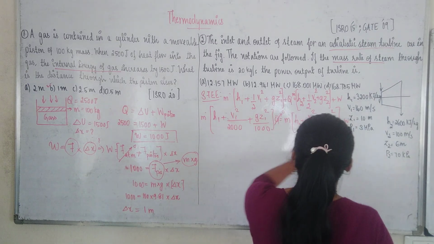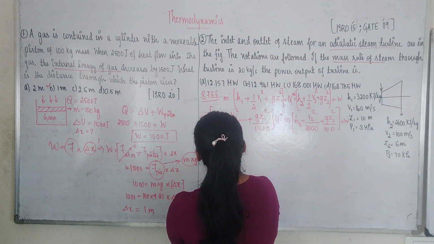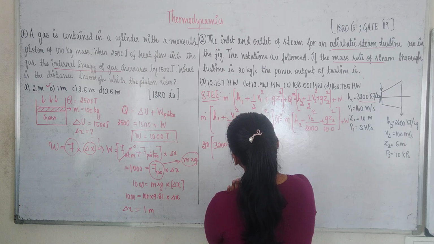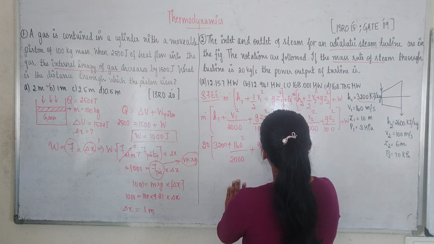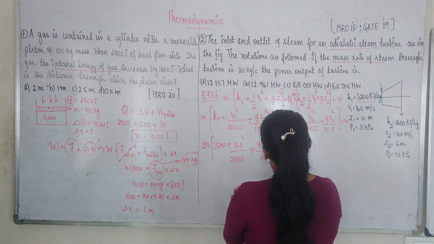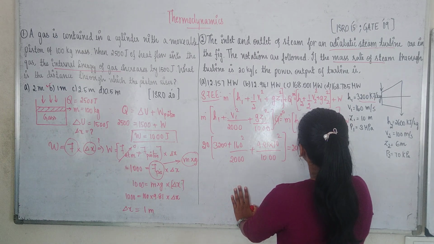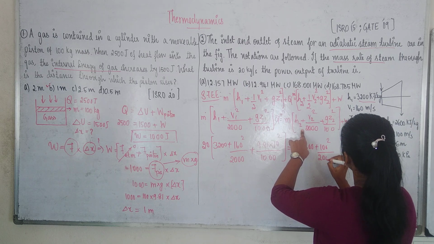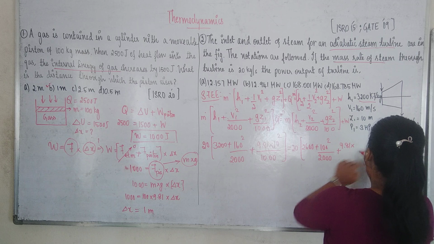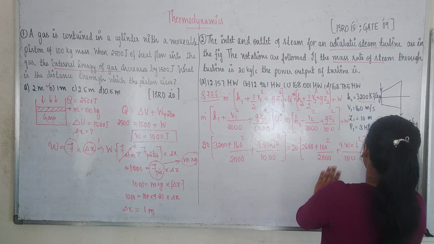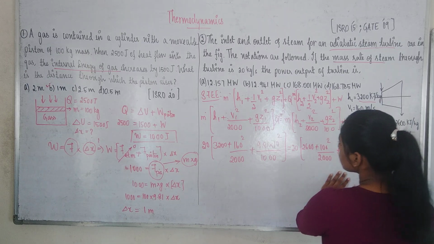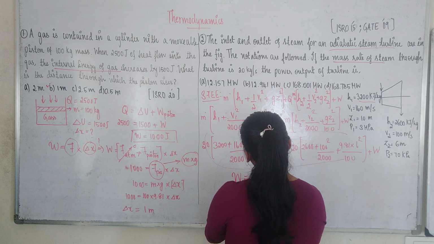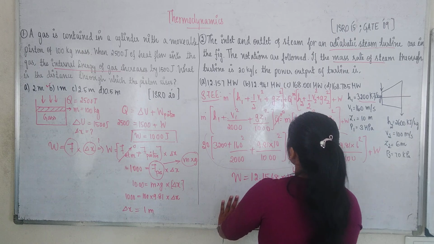And now when we apply all the given data, m dot is 20 into H1 is 3200 plus V1 is 160 square by 2000 plus G is 9.81 into Z1 is 10 by 1000, which is equal to 20 into H2 is 2600 plus V2 is 100 square by 2000 plus G is 9.81 into Z2 is 6 by 1000 plus W. So when we do this whole calculation, we get W is equal to 12.1568 into 10 to the power 5 watt.